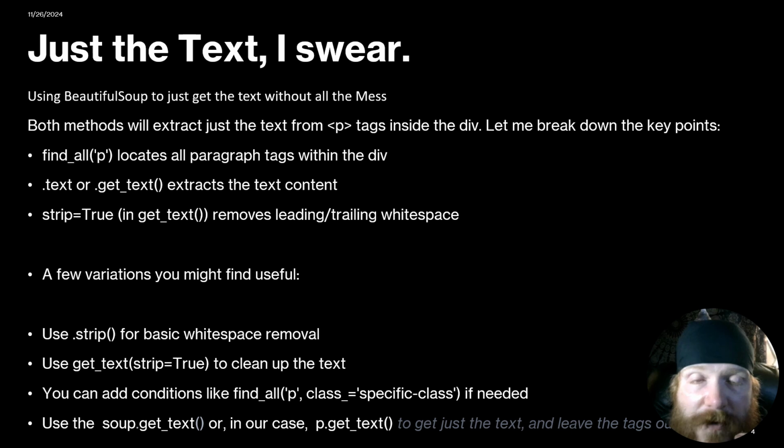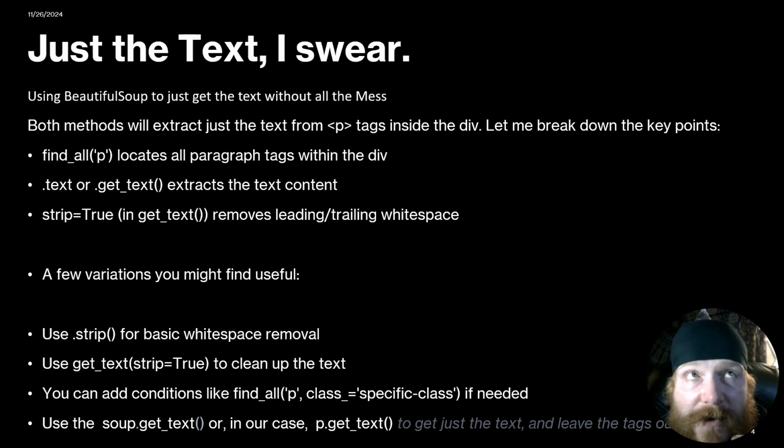It knows P, it knows OL, it knows LI for list item, and it knows H1 for header tags, things like that. That's all imported with requests and with Beautiful Soup. You can use find_all, but that returns everything: all of the tag information, the attributes, and all the data in between. So it can be kind of messy. It's harder to read, not really super valuable for a lot of people.